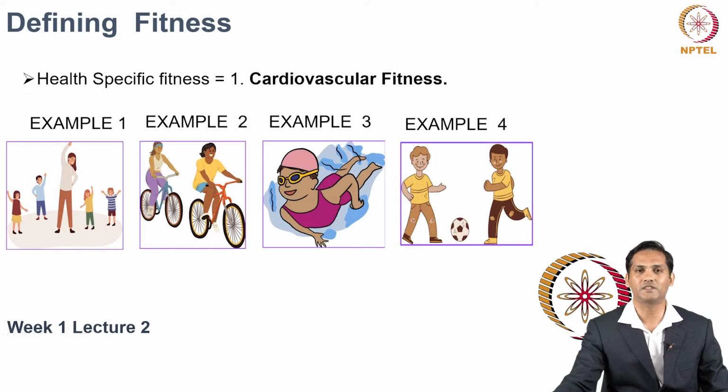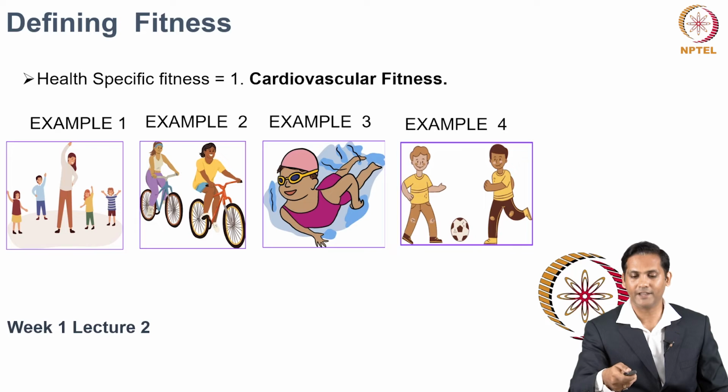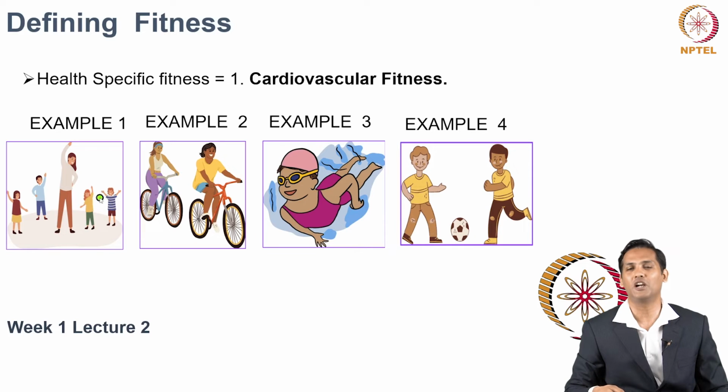So let's say you have started a physical activity, playing with the kids, and you are able to play only for 5 minutes. That's what your fitness is currently. Then you design a program, you engage in an exercise routine that will help you increase that fitness level. Here it is cardio. Why? Because it includes the parameters of large muscle groups, repetitive, prolonged, using compound movements. So if you are able to perform this activity, you are engaging in cardiovascular fitness.